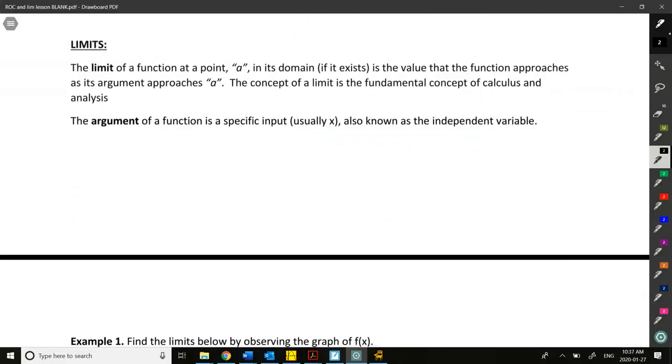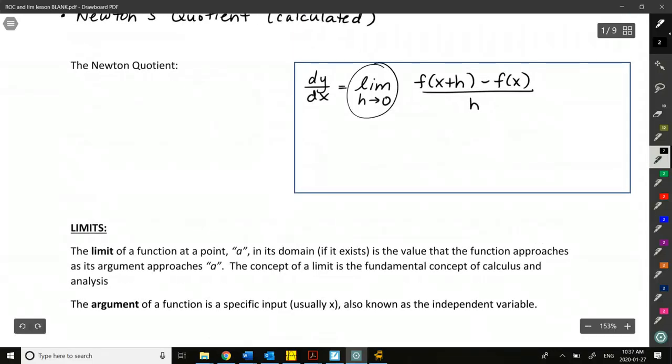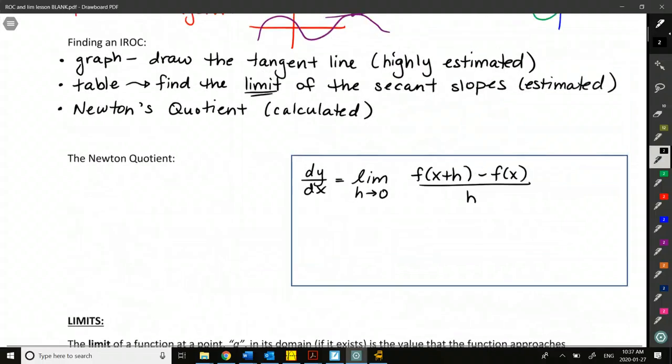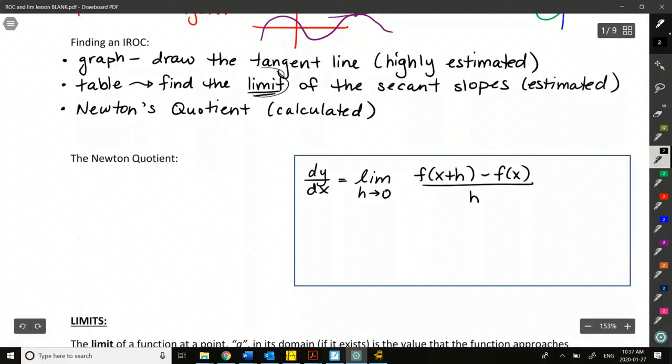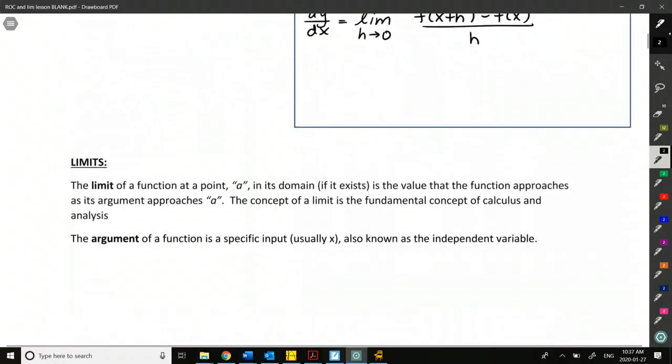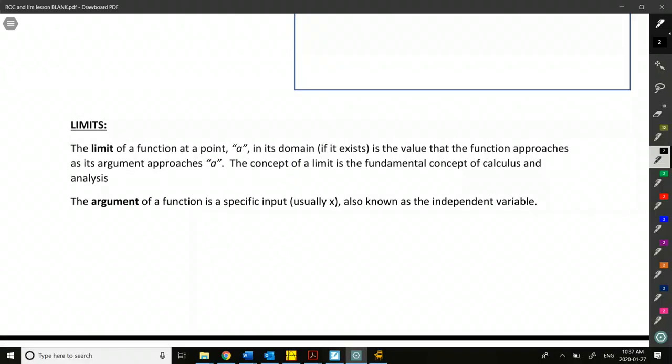All right. In advanced functions, we also learned about limits. You see a limit inside the Newton quotient, so it's also good for us to know what that means. I also mentioned it up here. We found the limit of secant slopes. So a limit is some point in the domain of a function that the function's value approaches.